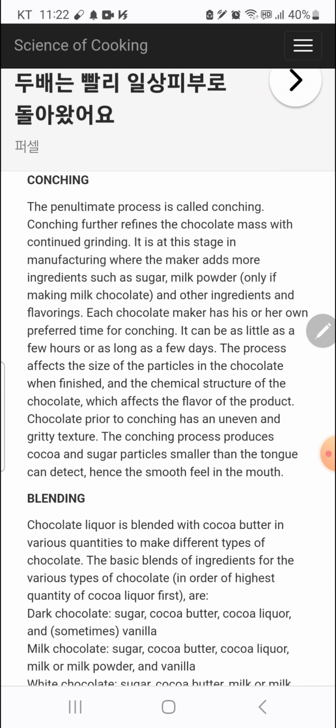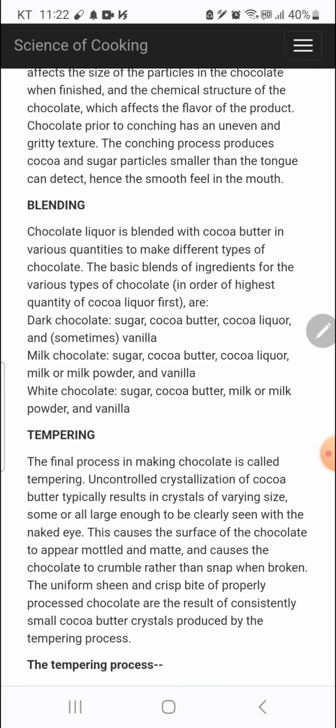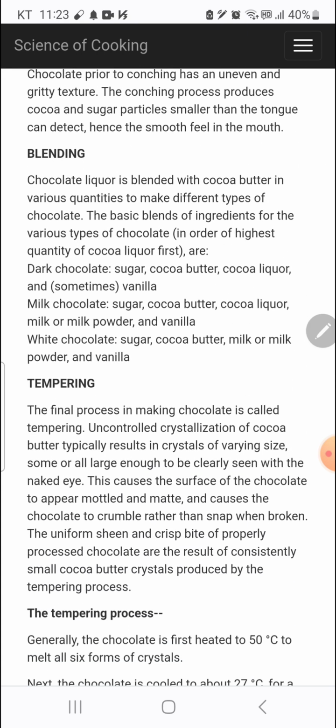The conching process produces cocoa and sugar particles smaller than the tongue can detect, hence the smooth feel in the mouth. Blending. Chocolate liquor is blended with cocoa butter in various quantities to make different types of chocolate.